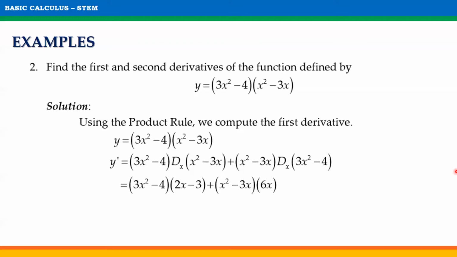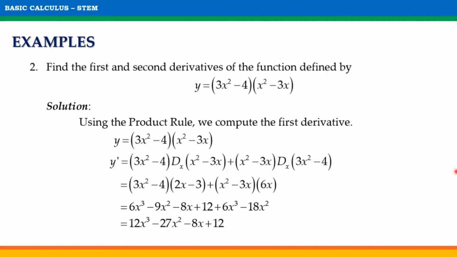So we will get 3x squared minus 4 times 2x minus 3 plus x squared minus 3x quantity 6x. Simplifying it, we will get 6x cubed minus 9x squared minus 8x plus 12 plus 6x cubed minus 18x squared. Combining like terms, we will have the first derivative as 12x cubed minus 27x squared minus 8x plus 12.